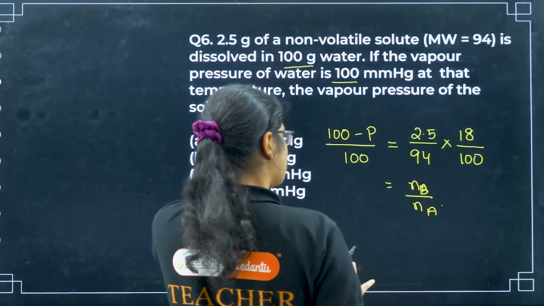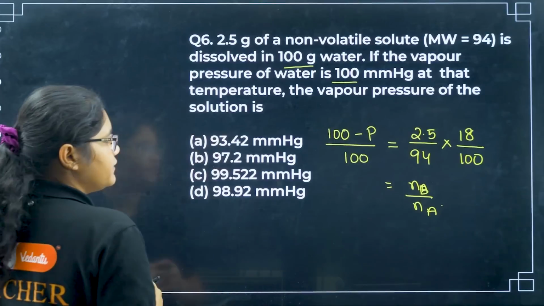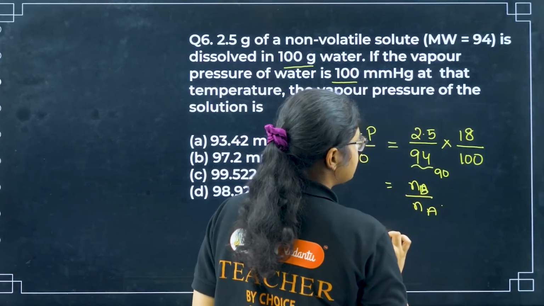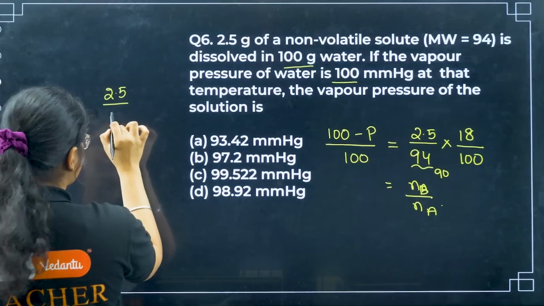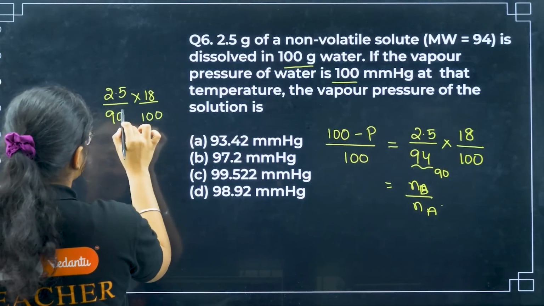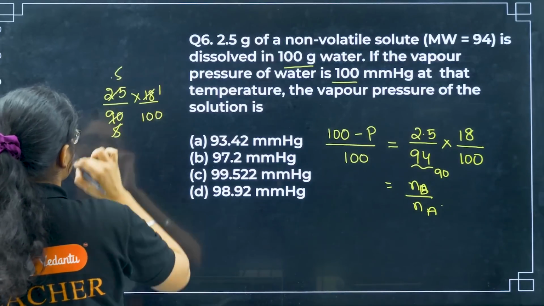So for some easy calculation, let me try to solve it in some easy way. I will make this one as 90. Let me just do a rough calculation here, 2.5. How I should have done this in exam? Into 18 by 100, right? So 2.5 into 18, 5s are, then 5 I have 0.5, right?